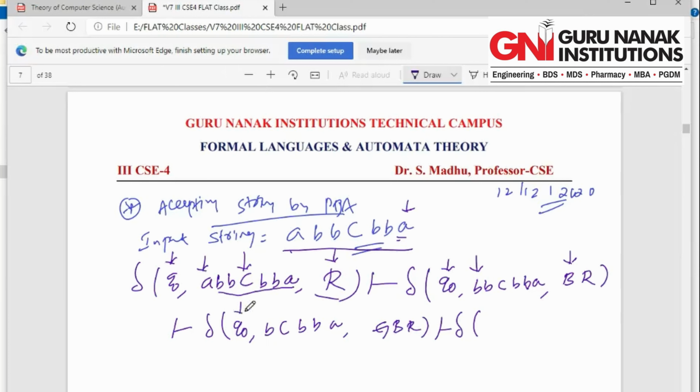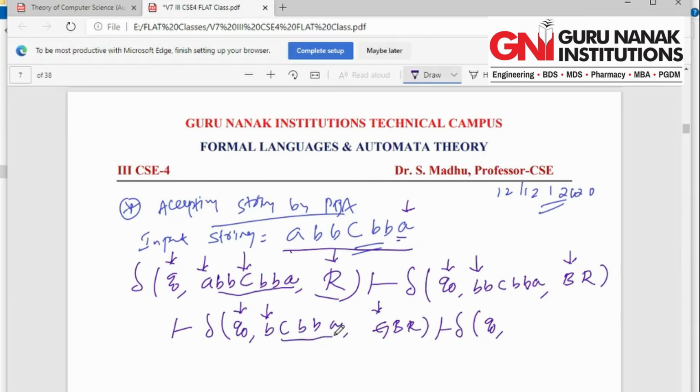Next is Q naught. Input is B. Top of the stack is G. Then which rule can be applied? Either the push rule or the pop rule. Push rule. What is the next state? Q naught.